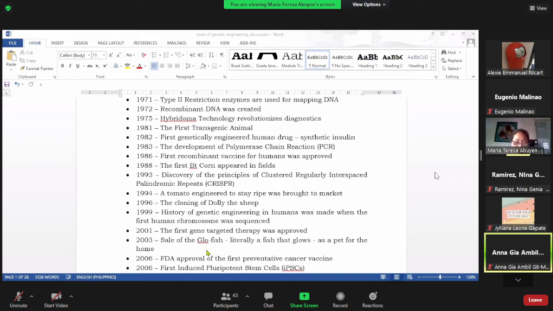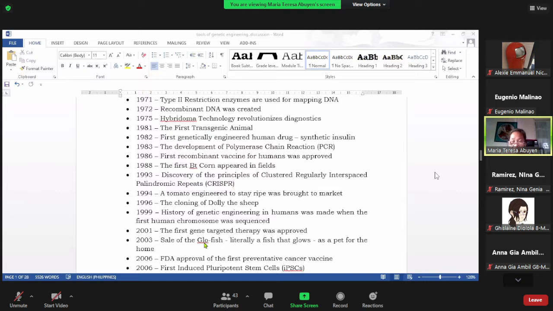Anyway, the glowfish was discovered in 2003, so that is the 21st century already. Glowfish. Are you familiar with glowfish? Does anybody have a glowfish at home? It is a trend now in aquariums. The fish that glows in the dark.